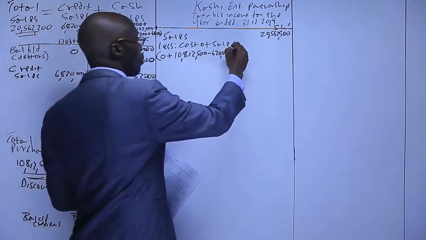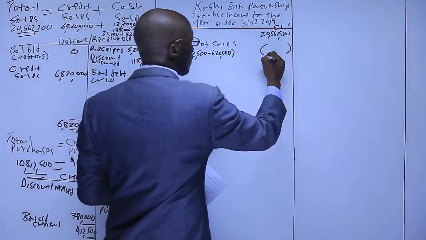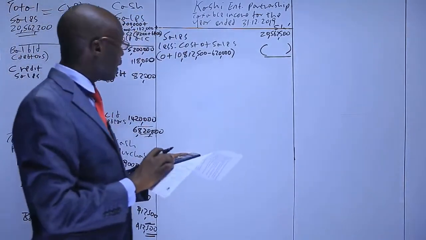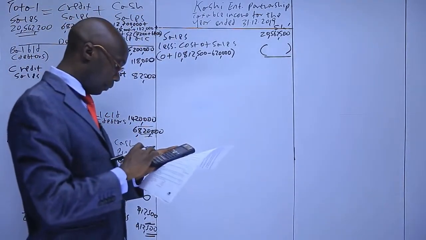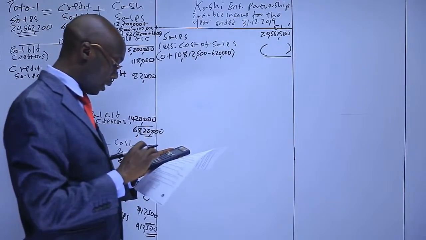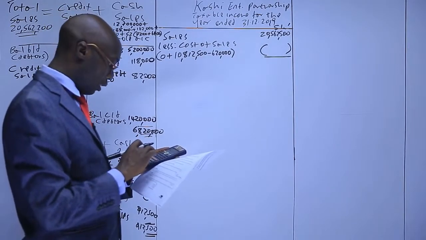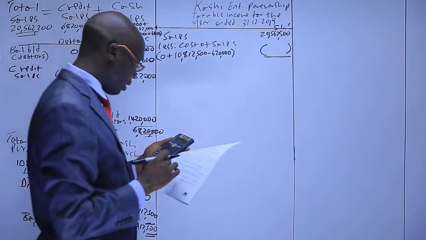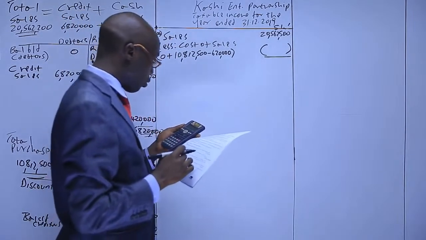So in this case, we cross to get the cost of sales. Cost of sales will be the 10,812,500, you minus 620,000, and that gives us 10,192,500.